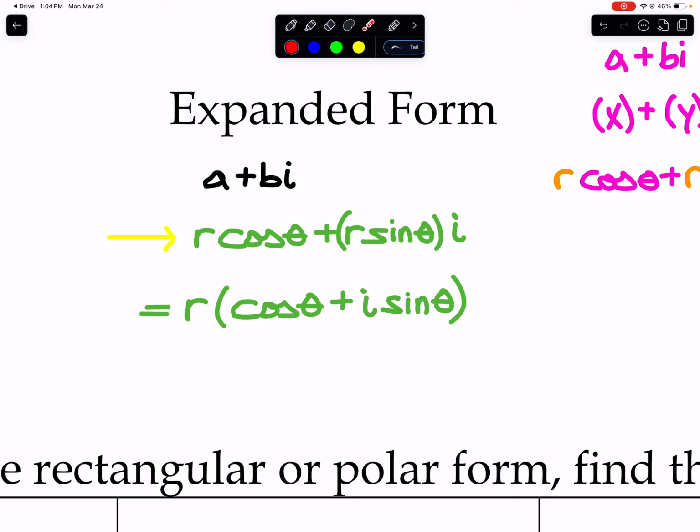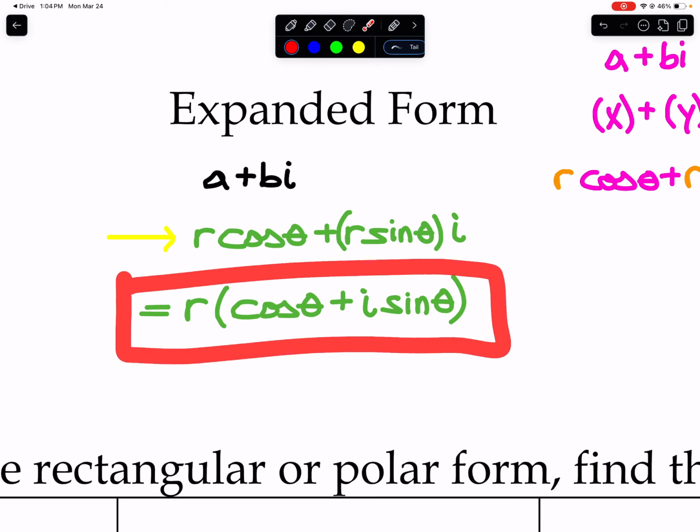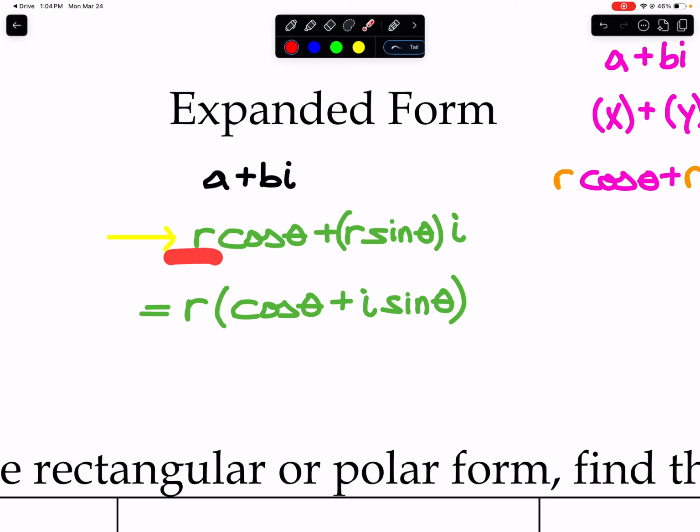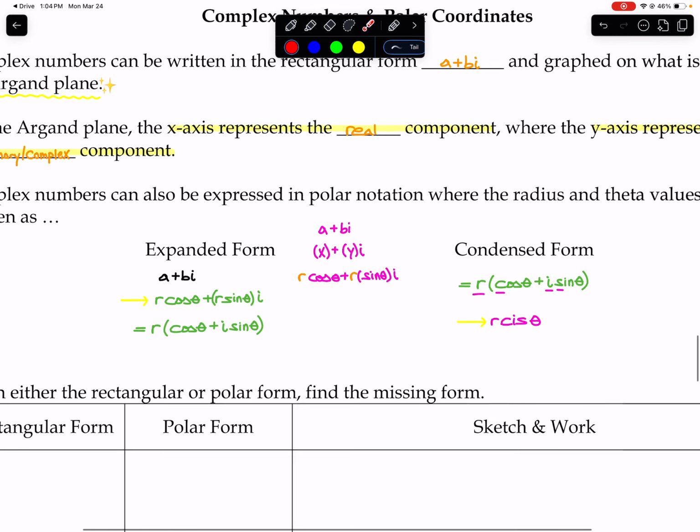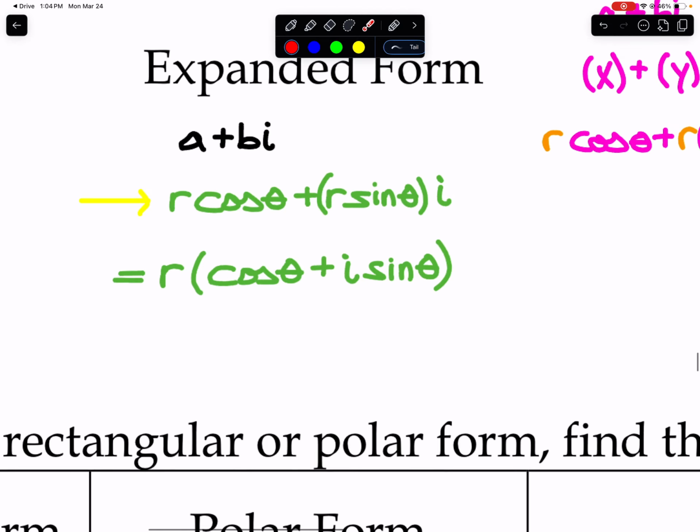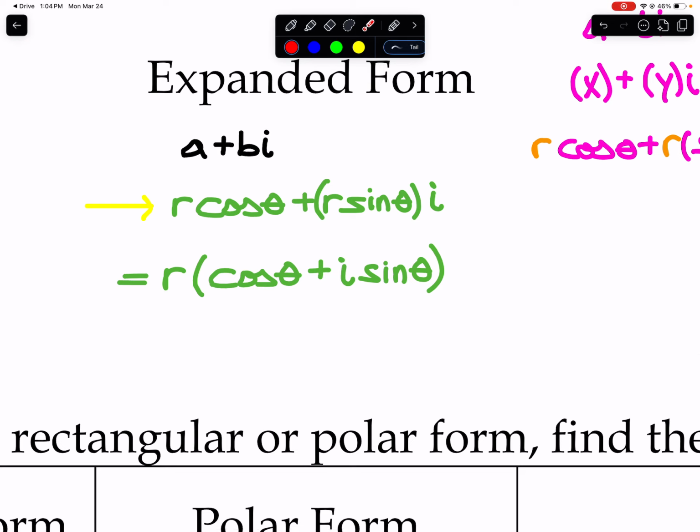So the big form that we know is going to be this one right here. What we did is we took the r value and factored it out from both terms, so that we just write it on the outside. So now we have r parentheses cosine theta plus i sine theta, and this would be your complete imaginary polar form. Then we condense it, because writing this over and over again gets old real quick.